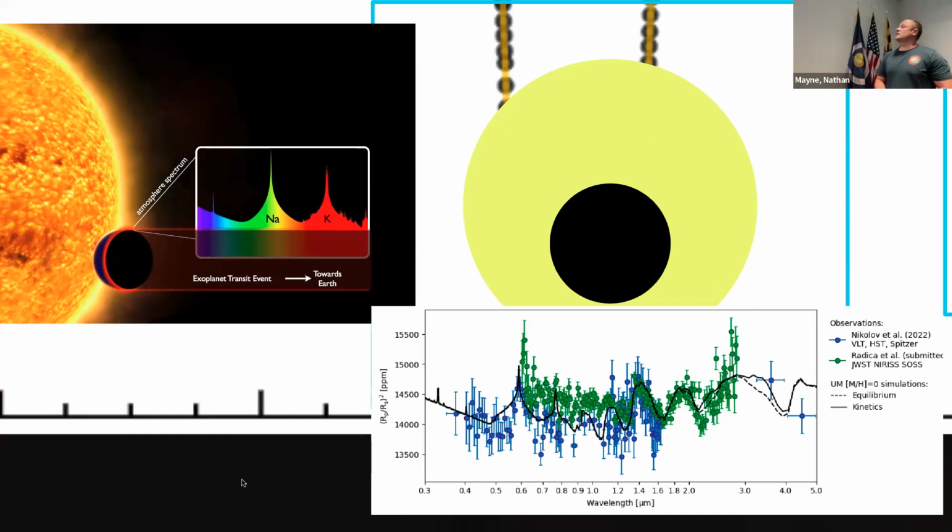And it's interesting because it doesn't seem to have as much obscuration from clouds and hazes as many of them do. So these are the JWST points in the green, an early reduction, and the black line is a model with some earlier HST and ground-based VLT observations. So again, this is just measuring the radius of the planet as a function of wavelength, but I'll come back to it shortly. Okay, great.